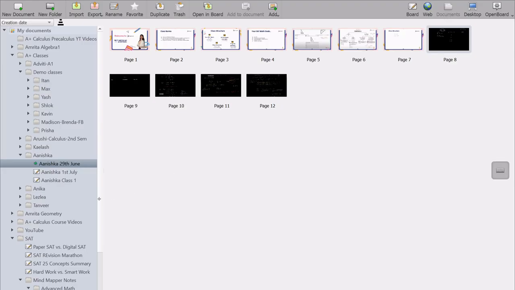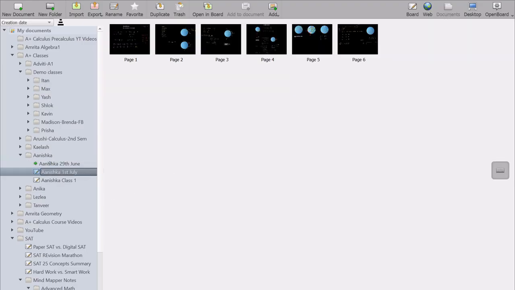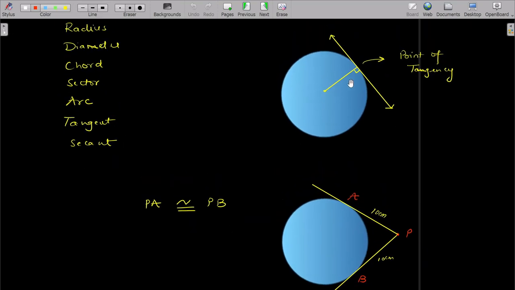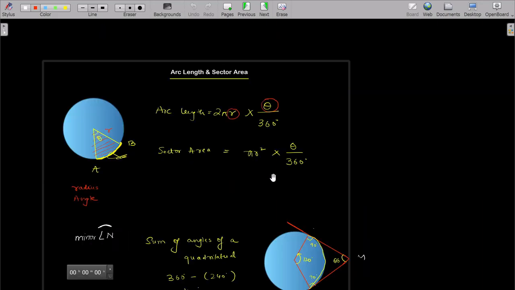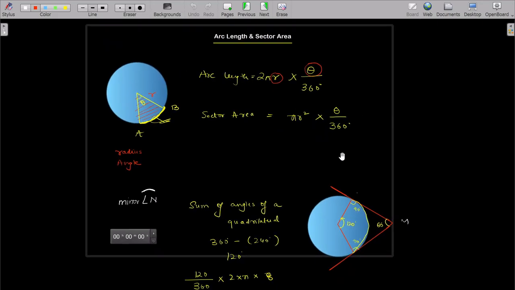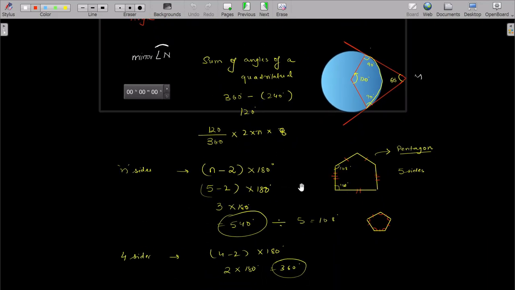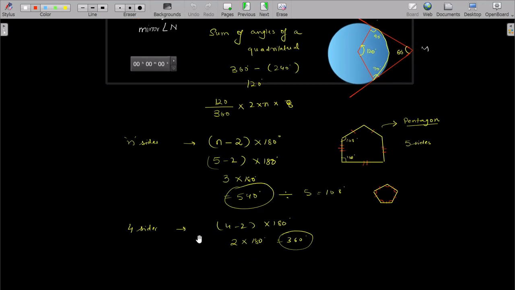And this we did in the first class, and then in the next class we did arc length and sector area. We did two theorems on tangents. Then we did a formula for finding the sum of angles in any polygon, and then the measurement of one angle in a regular polygon.